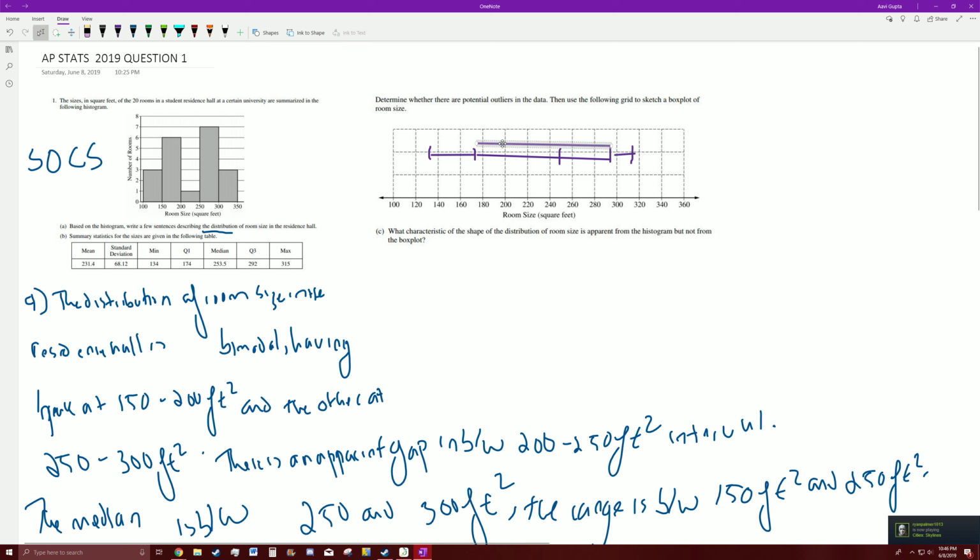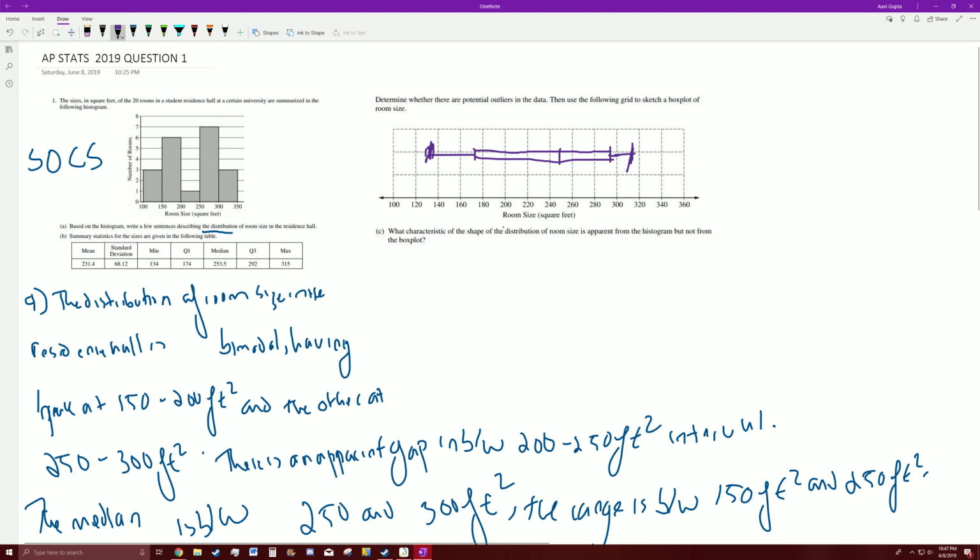Let me just try to fix this. No, I can't. This is giving me a problem. Let's see if we can draw it freehand. Yep, it'd be much easier to just do that. Okay, good. We sketched the box plot.